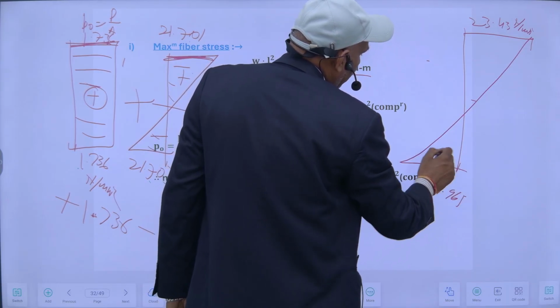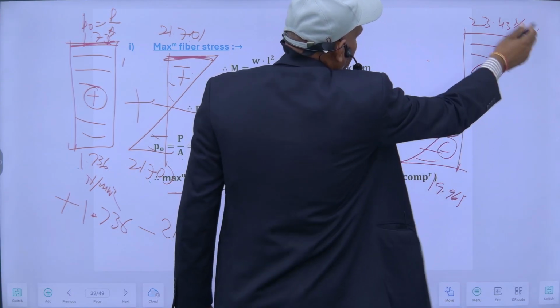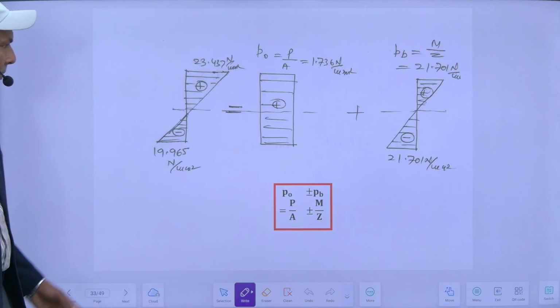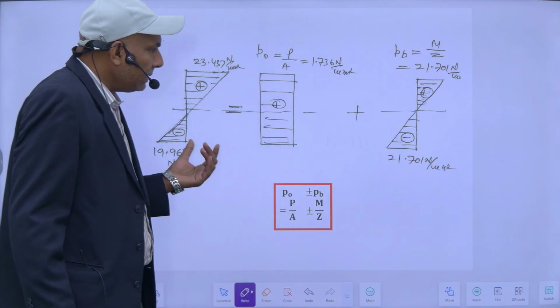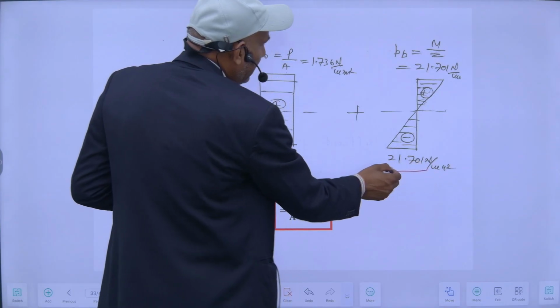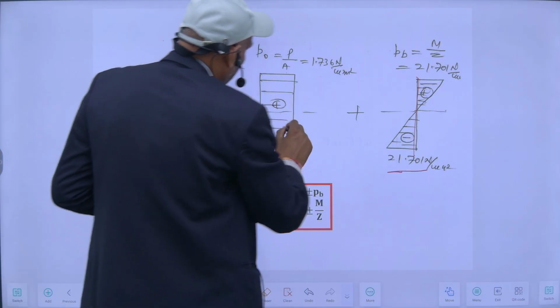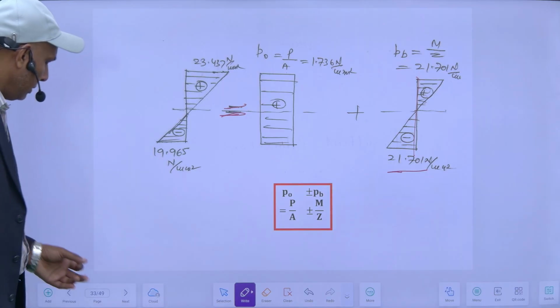It is tensile here, and compressive there. So maximum compressive stress will be here. So this is the answer. This is due to bending, this is due to direct, and finally this plus this will become this one.